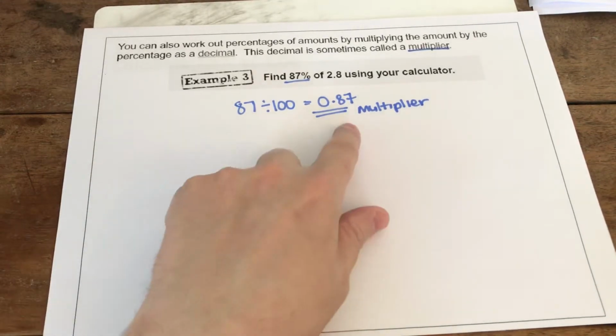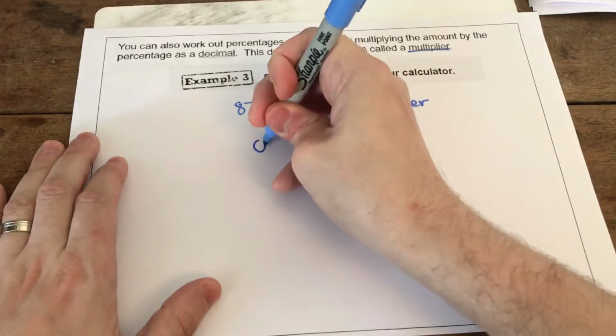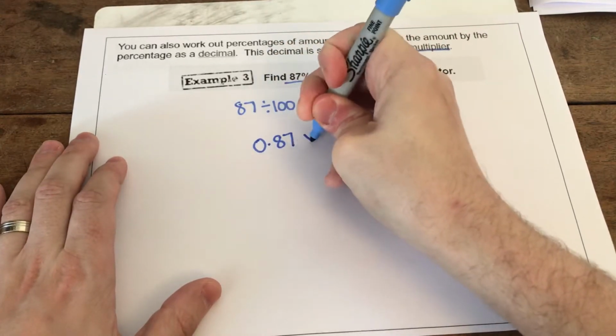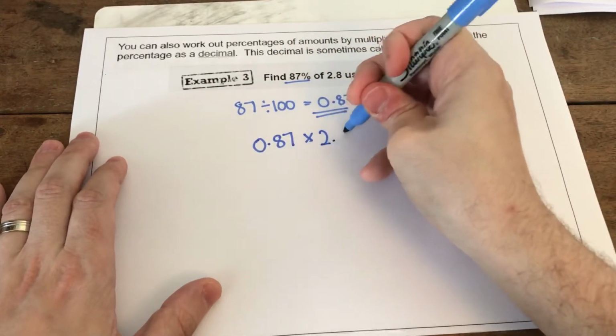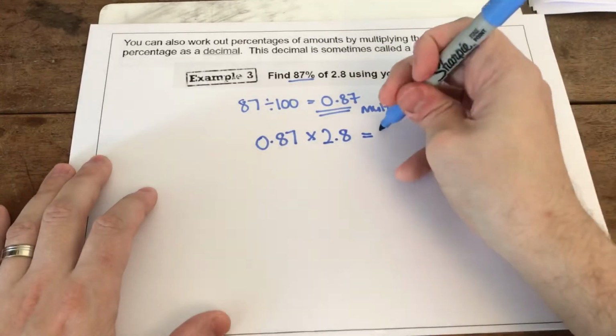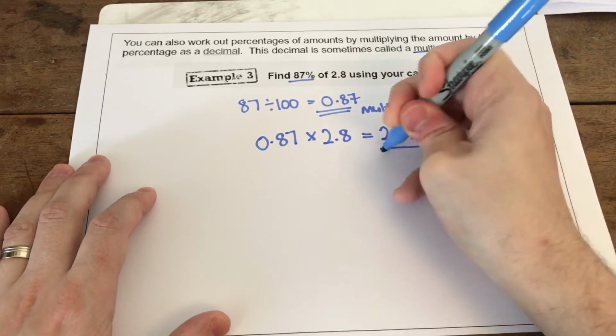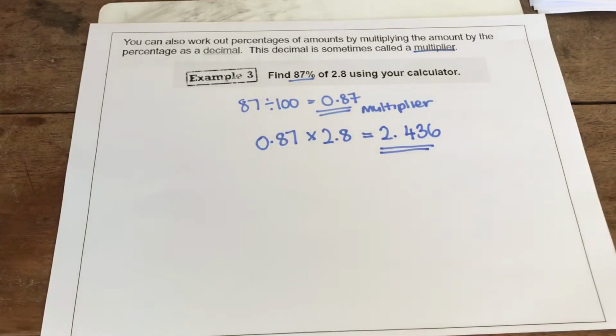So that's our first step, turn our percentage into a decimal. We then do 0.87 multiplied by 2.8, and what comes out is 2.436. That's all we need to do to work out our percentage of an amount using a calculator.